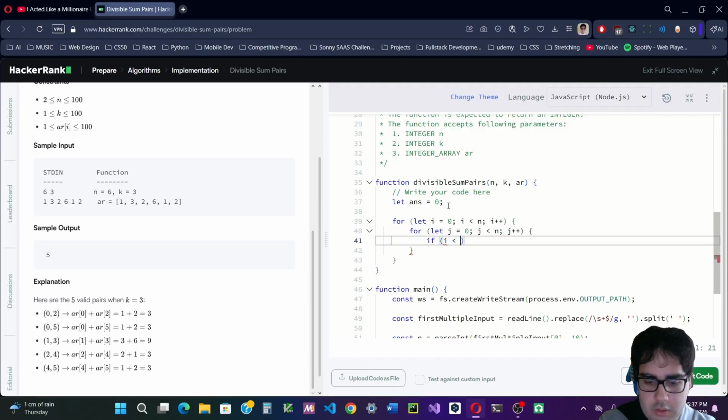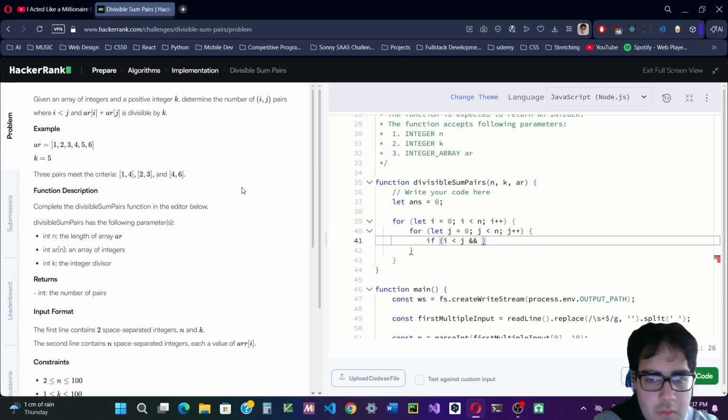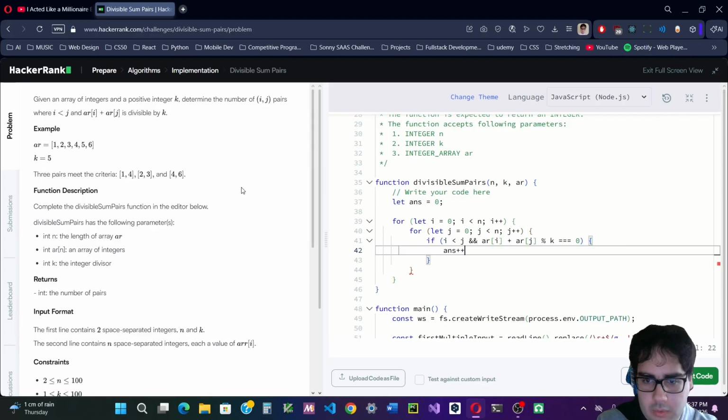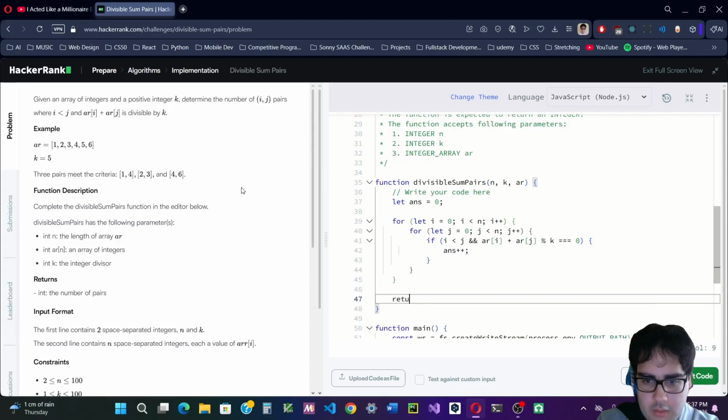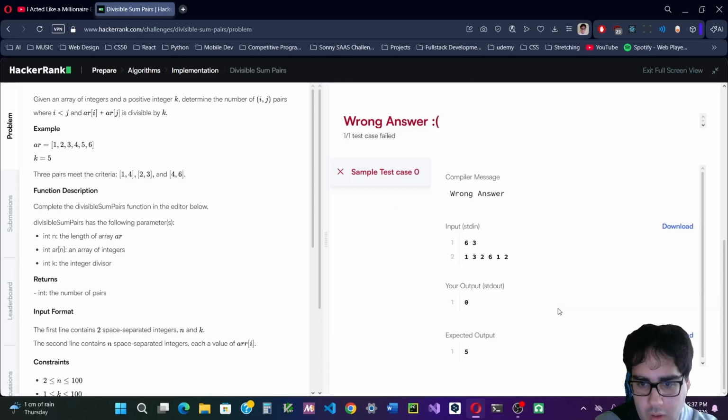If i is less than j and r of i plus r of j mod k equals 0, count plus plus. I think that's it, right? Wrong. The heck?